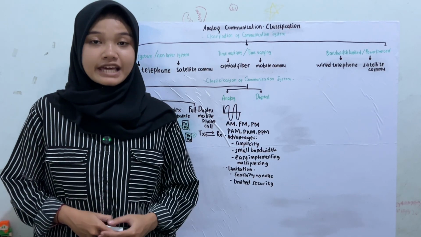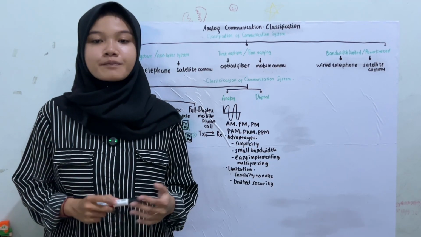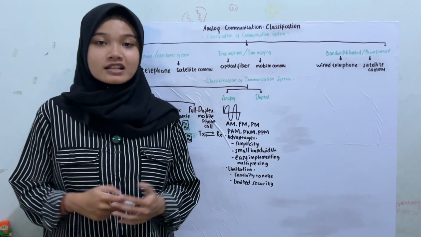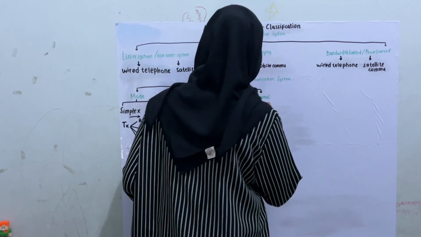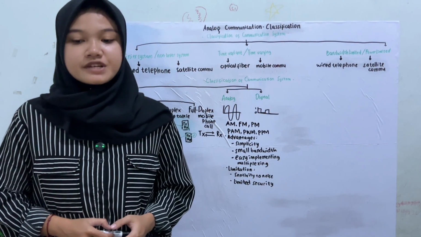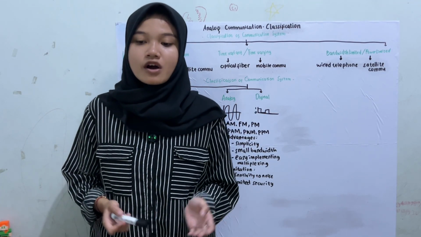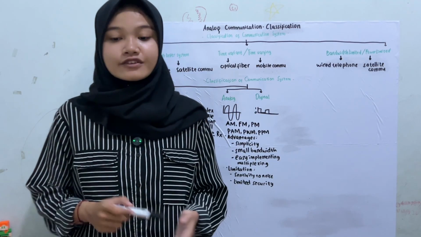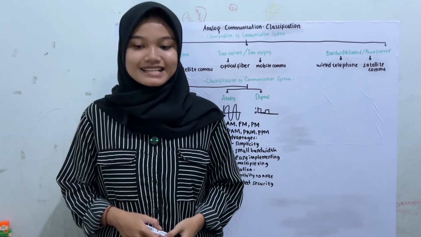Unlike analog communication, digital communication represents information using binary digits or bits consisting of 0s and 1s. Before transmission, analog information such as voice, image, or video is converted into digital data through an analog to digital conversion process.